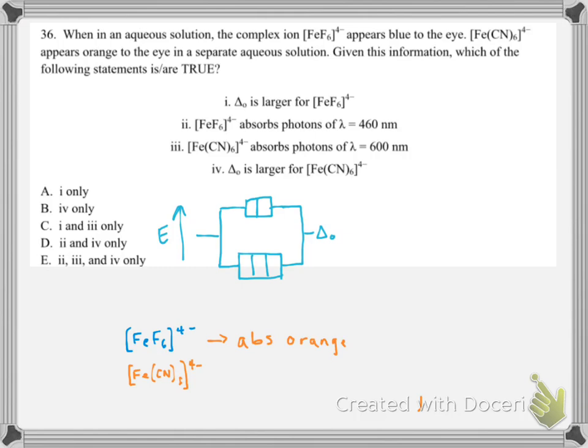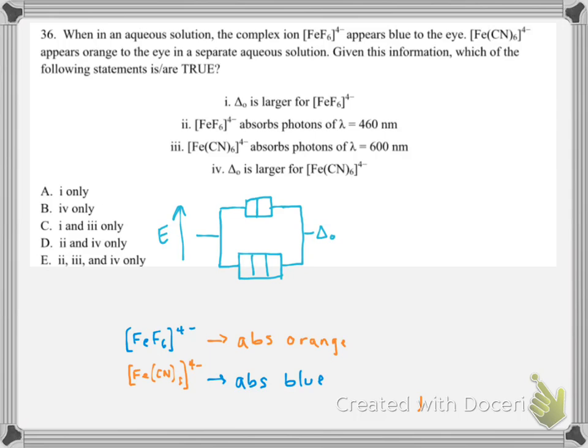And for that other one, we see orange, but it's going to absorb blue. Okay, so don't forget to think about the opposite colors, or the complementary colors.